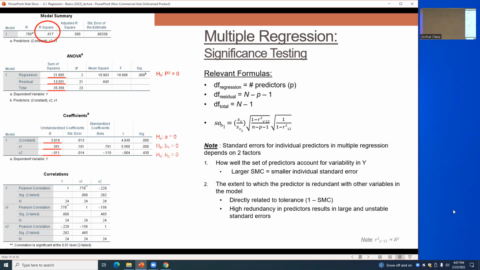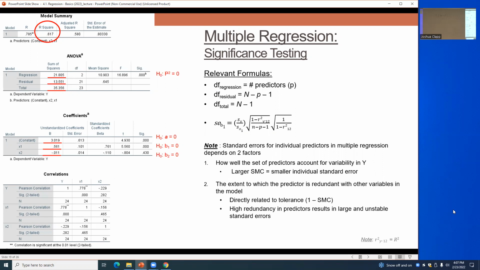But if I go through and look at my significance tests, I've got my test of my intercept. Is my intercept equal to 0? Very clearly have evidence against that, although that's not something we're generally interested in. Test of x1 is the unstandardized coefficient for x1. Do we have evidence against the null hypothesis that that population value is equal to 0?